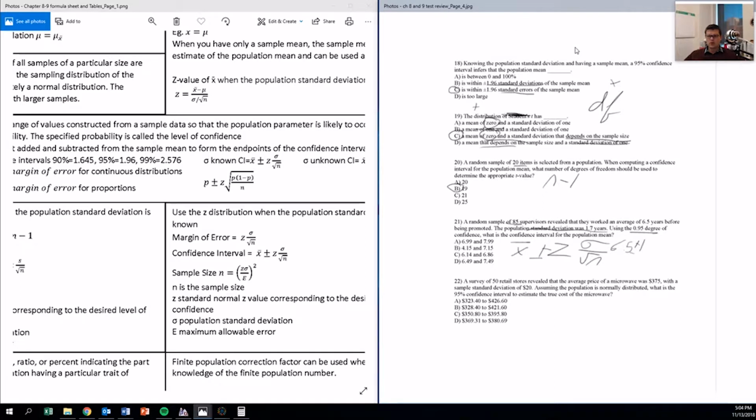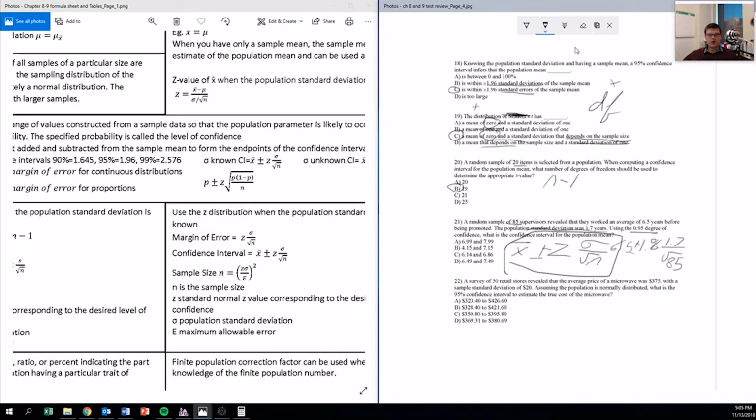Okay, so the reason why we use this formula is, once again, the big reason why we're doing this, we want to determine the confidence interval, and we're using the z-score because we know the population standard deviation. If you work all of this out, it's going to give you 6.5 plus or minus the margin of error.